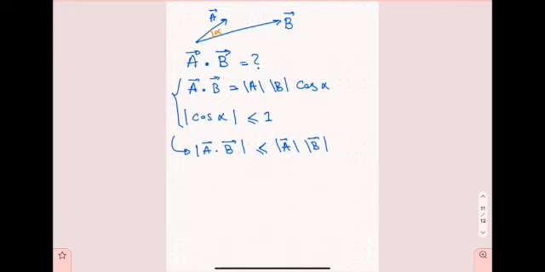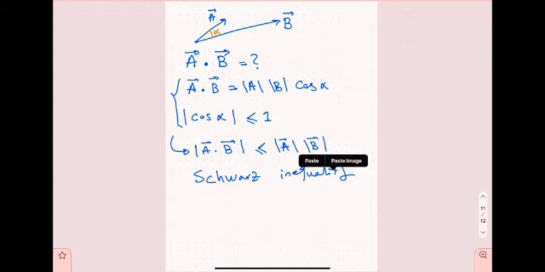So we just said that the absolute value of A dot B is always less or equal to the magnitude of A times the magnitude of B. And it turns out that this is a very interesting and useful relation in mathematics and physics. There is also a name, maybe you read it in textbooks. The name of this inequality is the Schwarz inequality.